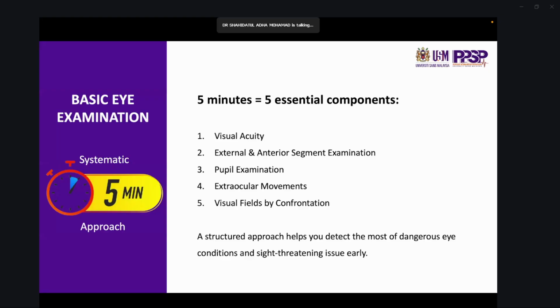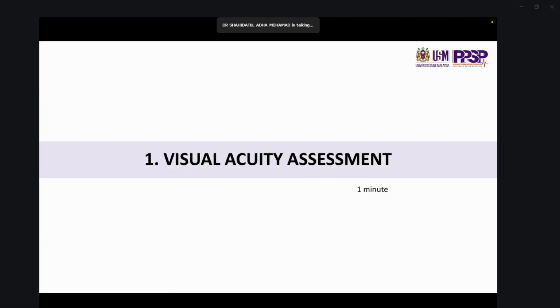Proceed with pupil examinations, and then perform the extraocular movement as well as the visual field by confrontation. So this structured approach of basic eye examinations will help you detect the most dangerous eye conditions or sight-threatening issues early, and perhaps you might also be able to detect some life-threatening conditions.